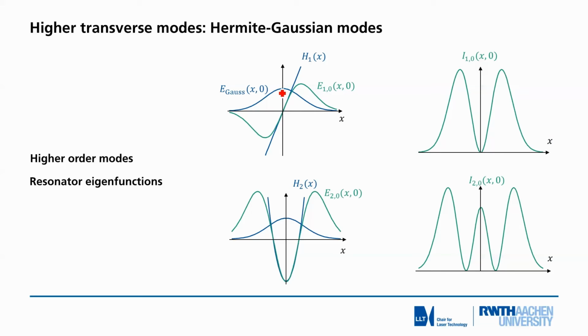But now in the next first order, it is multiplied by a Hermite factor H1 for the first element in the series development. If you multiply these 2 functions, then we get this function here. If we square it to get the intensity from the electric field, we have 2 peaks as a function of the radius of the beam.